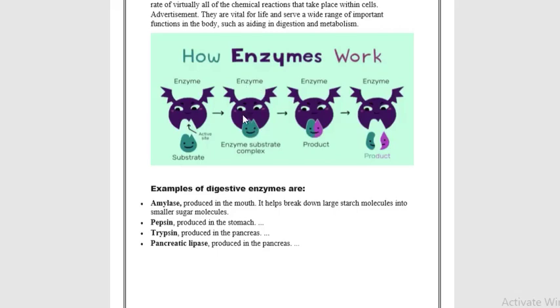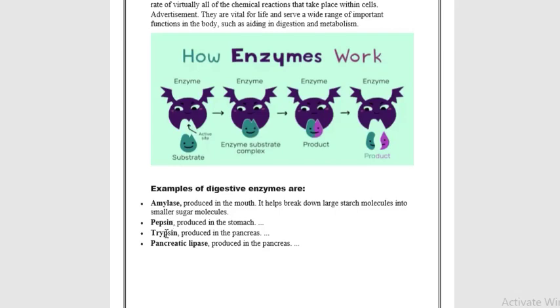Each enzyme works, like I told you, on a specific substrate, like in digestion. We will study this next year, inshallah. Amylase enzyme works only on carbohydrate. Pepsin inside your stomach works on its substrate, which is protein.